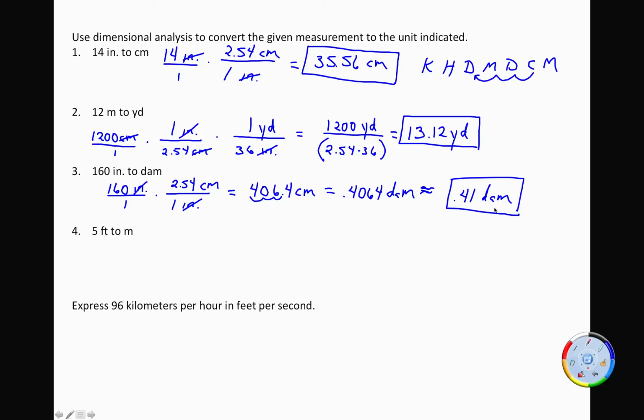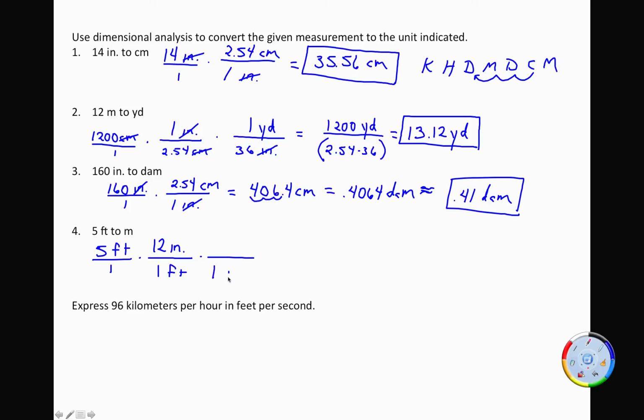Now, 5 feet to meters. Well, let's change those 5 feet to inches, because I can change inches to centimeters. Get me started. I'm starting with 5 feet. I'm going to inches. I know that 1 foot is 12 inches. And I can just keep going to get me into centimeters.